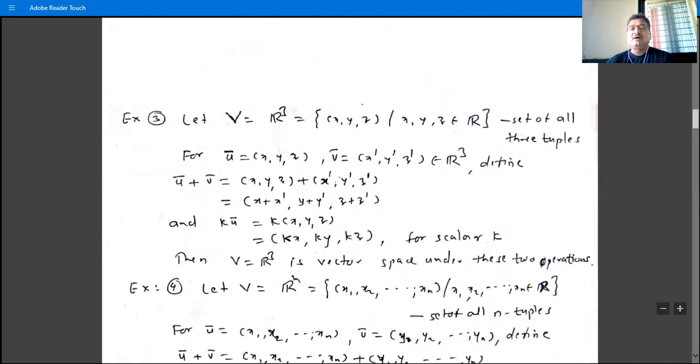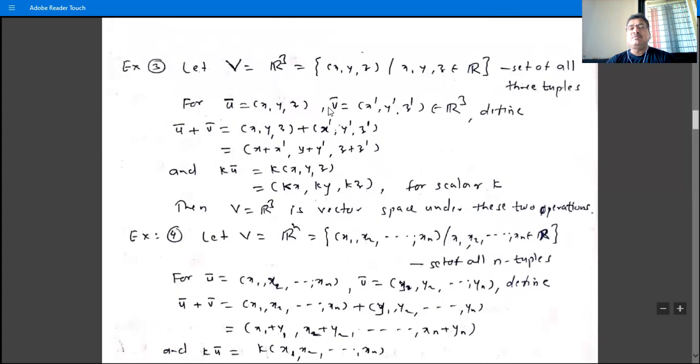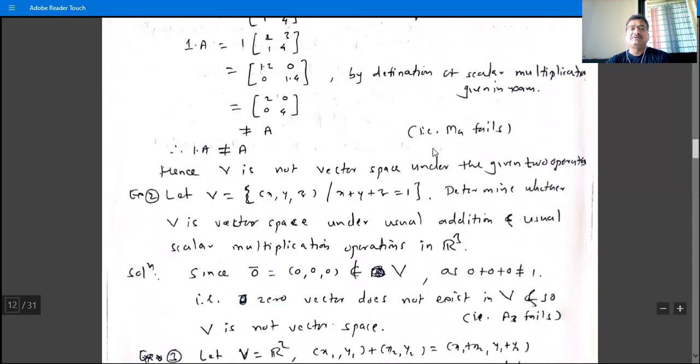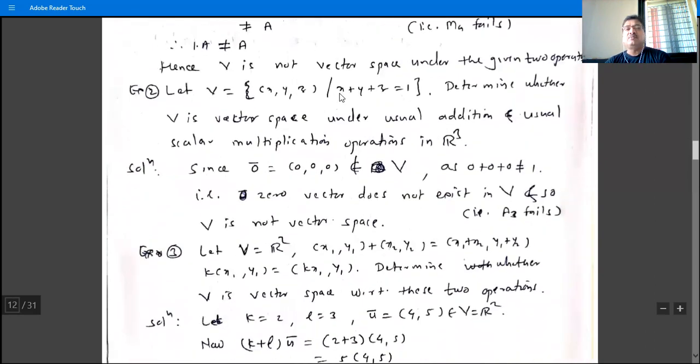So this set is a subset of R3. R3 contains the set of all three-tuples, but V is not the set of all three-tuples. This is the set of three-tuples that satisfy this property, that is x plus y plus z is equal to 1.